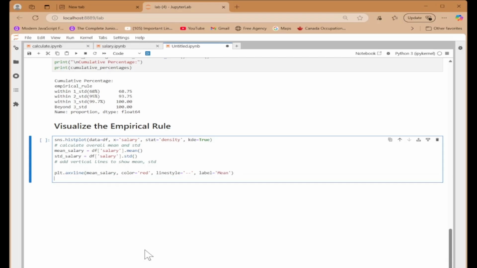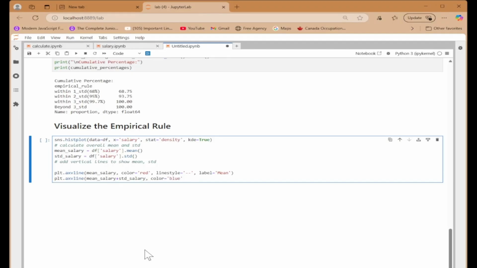Now we need the standard deviation, right? plt.axvline, vertical line, mean salary plus standard deviation std salary, comma, color. One standard deviation away from the mean will be blue.